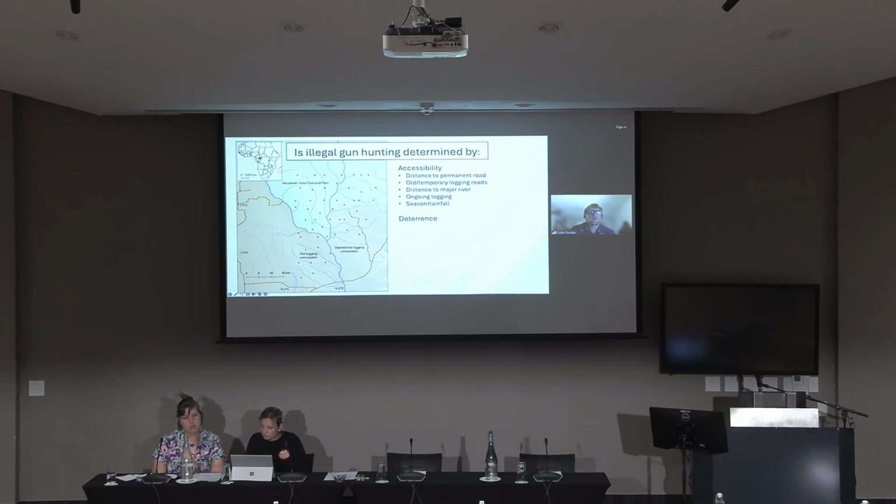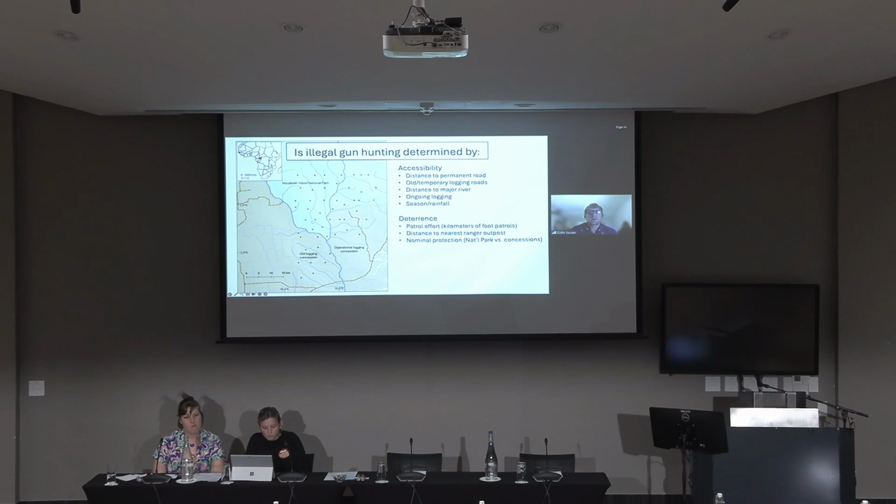Then we included whether or not there was ongoing logging associated with each site in each month, because previous research has shown logging to be associated with increased rates of bushmeat hunting. And then we included wet versus dry season months as an interaction with certain variables like distance to river, because rainfall will influence water levels in rivers and hence their navigability.